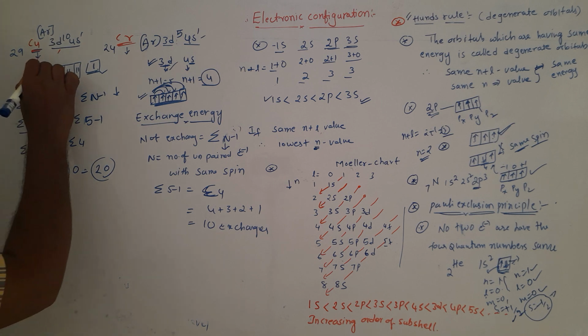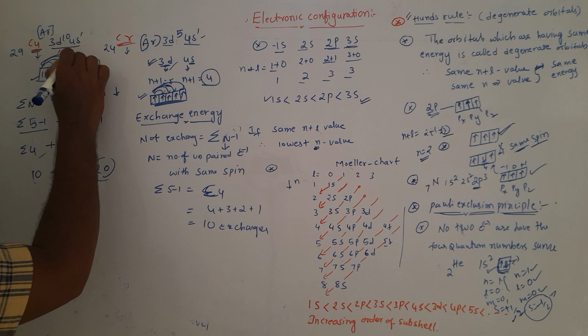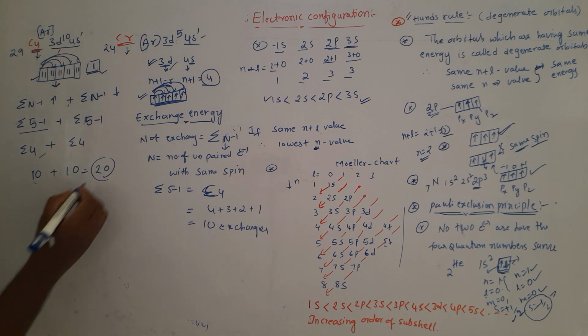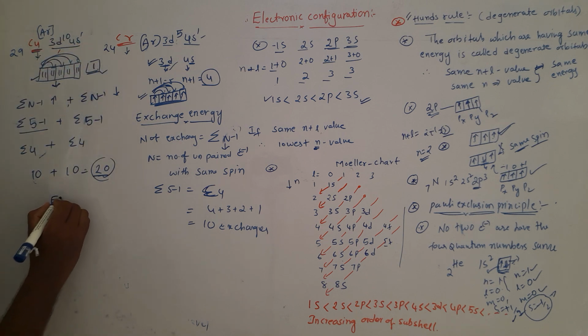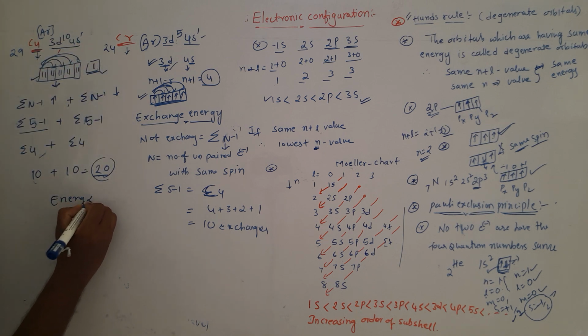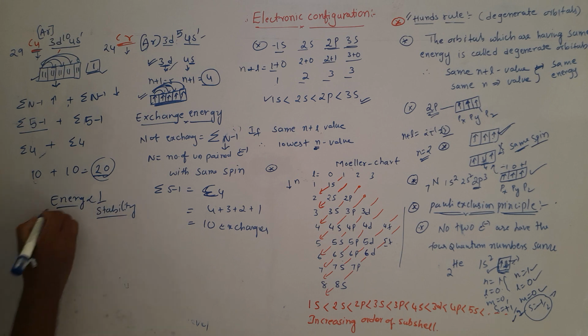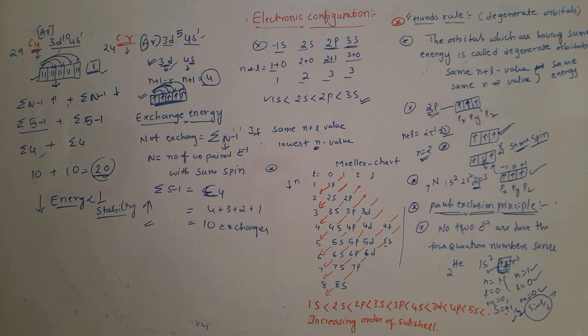Here one electron exchanges with another electron, so these exchanges are possible. Because of these exchanges it is going to lose energy. We already know energy is inversely proportional to stability. Energy decreases, stability increases. Okay, thank you.